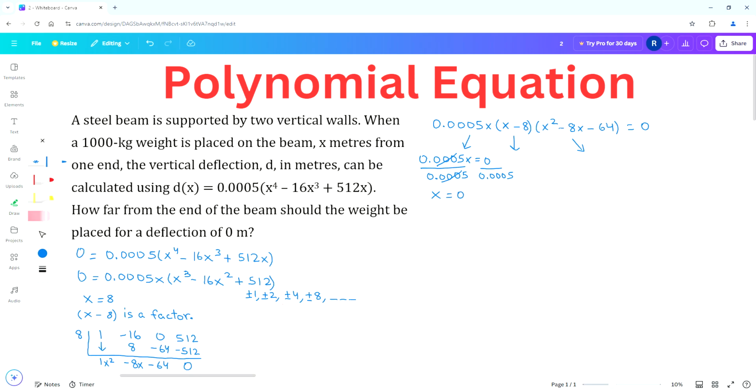The first solution is x equals 0. The second solution is x equals 8.